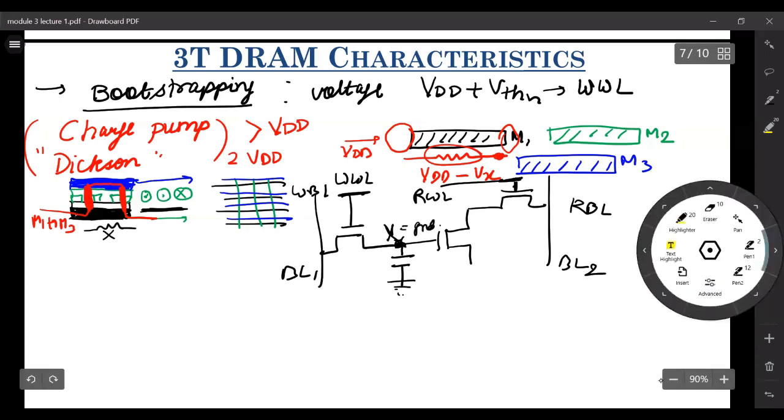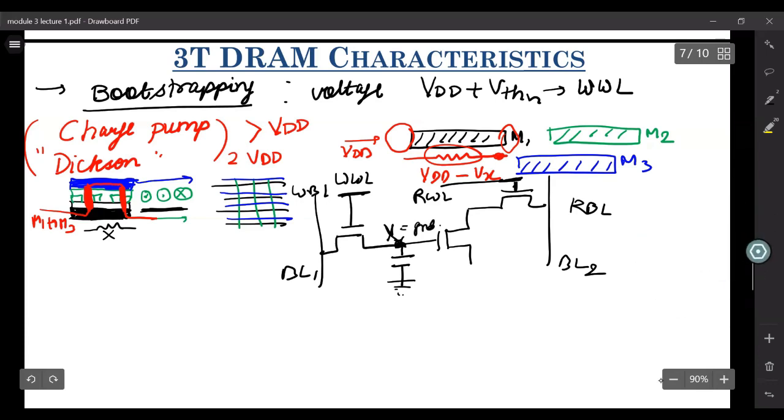Now what we did was, we applied a VDD over this VBL1, and then we asserted this write word line high by bootstrapping it to this value, so that it passes a perfect VDD, not VDD minus VTH. So now it will charge through this.